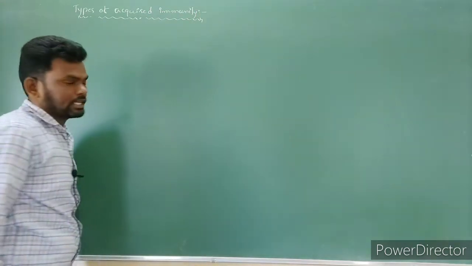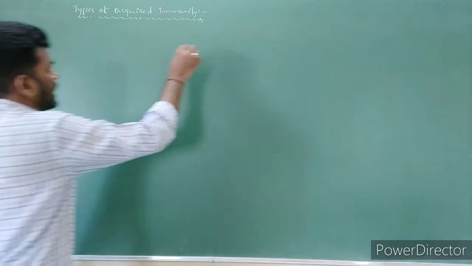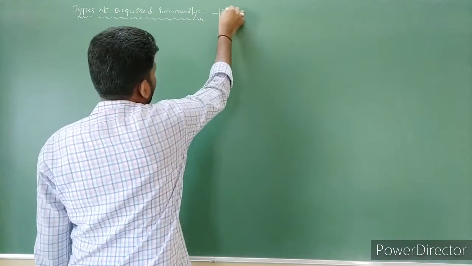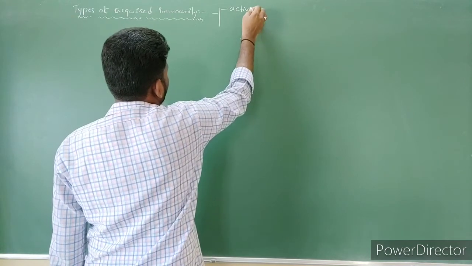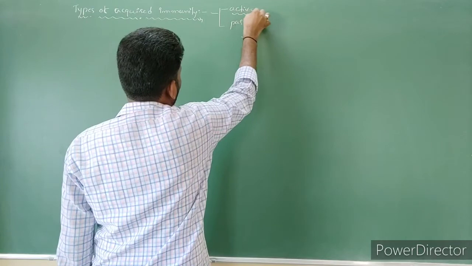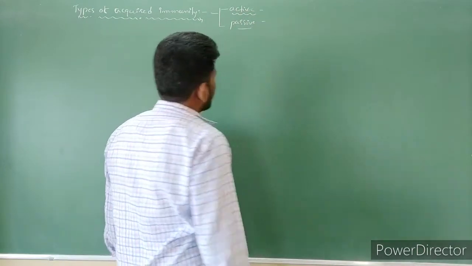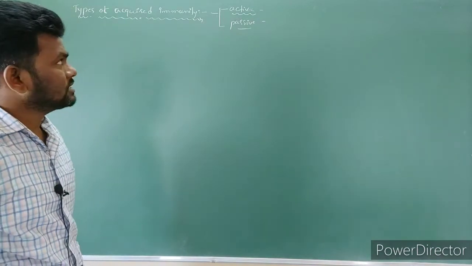The first one is active, the second one is passive. Active acquired immunity, passive acquired immunity.